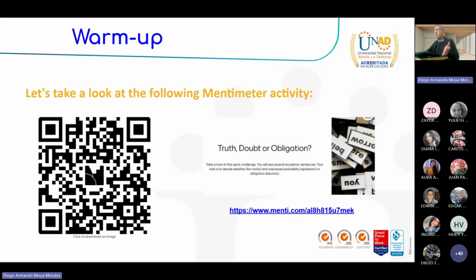So for some people it's working, but for others not. I'm not sure why. It's the same situation with the QR code. Oh my goodness. Let me see.